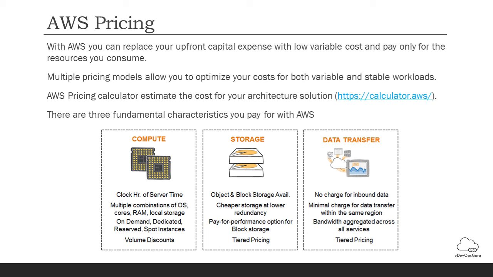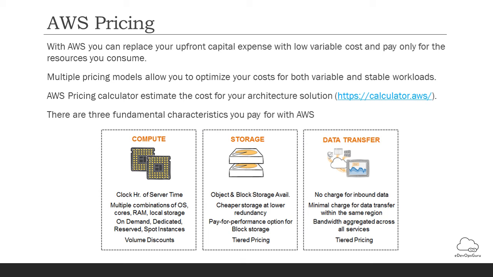So if you go and see AWS, you won't find this kind of a characteristic differentiation of pricing. But all these three basically combine together for calculating the price of AWS.